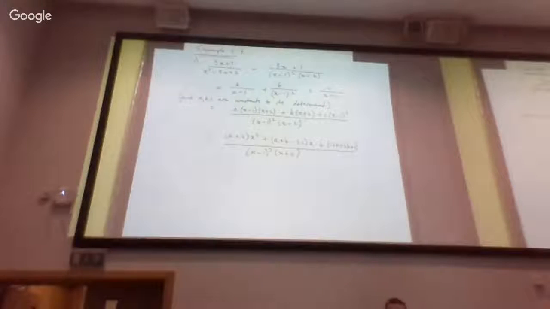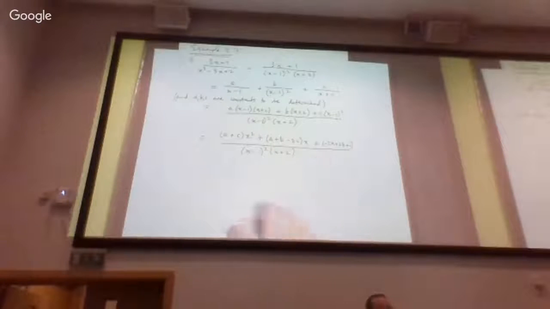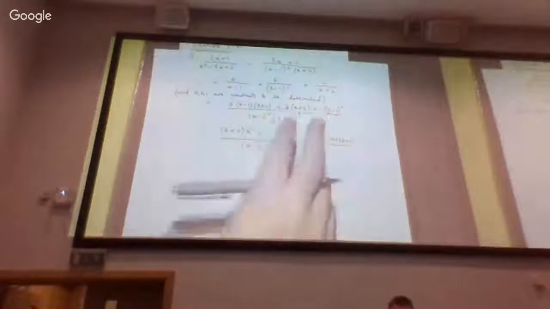Okay? So when you multiply this whole numerator out, this is what you get in standard polynomial form. Something times x squared, something times x, plus a constant. Now I can make the comparison back to this original numerator 3x plus 1.